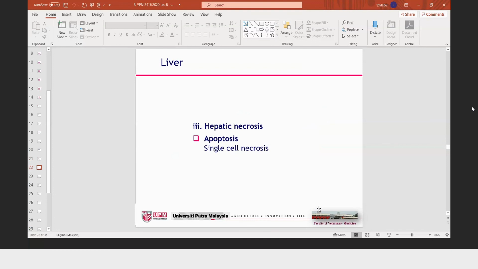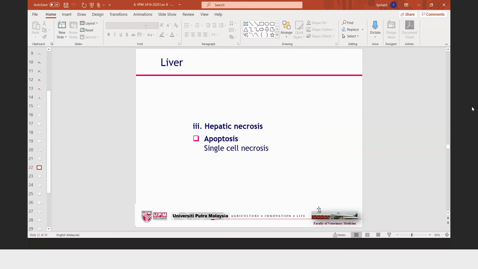So people try to develop something very specific, where a high degree, or even 100%, of the drug used only causes damage to the tumor cell by programmed cell death. We call it apoptosis. As a result, the tumor is not able to grow and the patient will recover, and the normal cell is also not damaged.